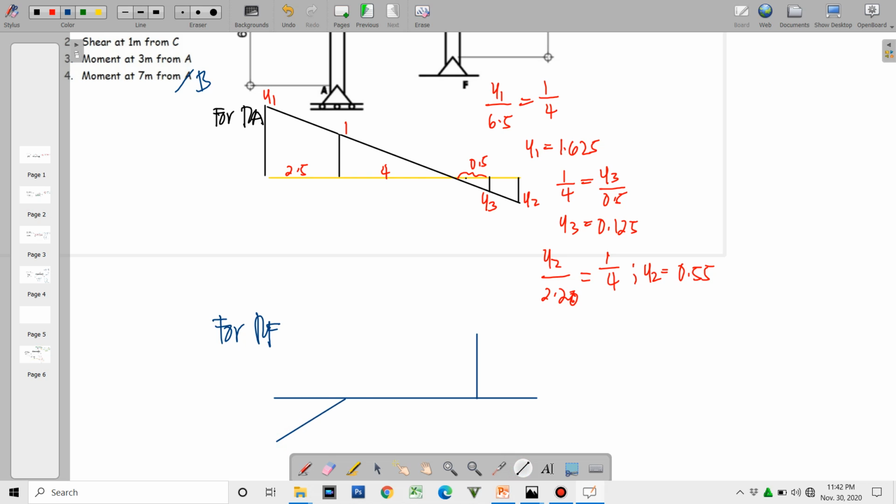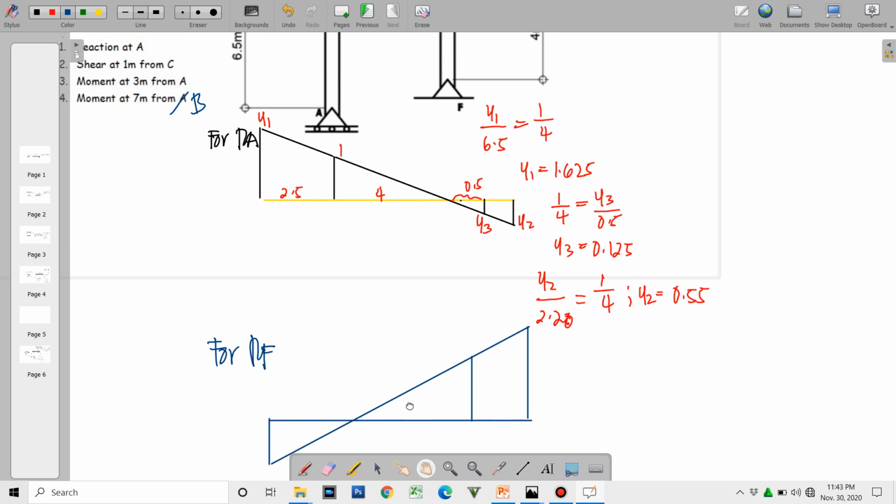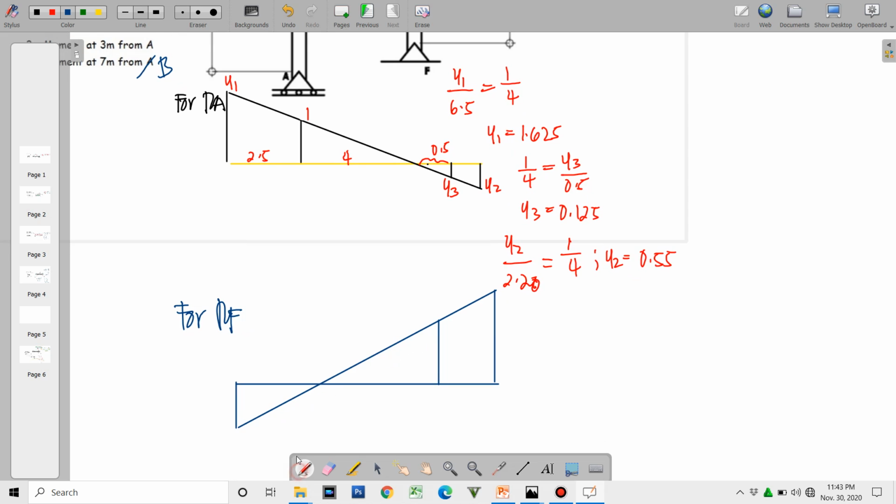So we draw it this way. This is restrained at this point, so it will just have to rotate at point E. Say this ordinate is equal to 1. We'll be needing this ordinate, of course.